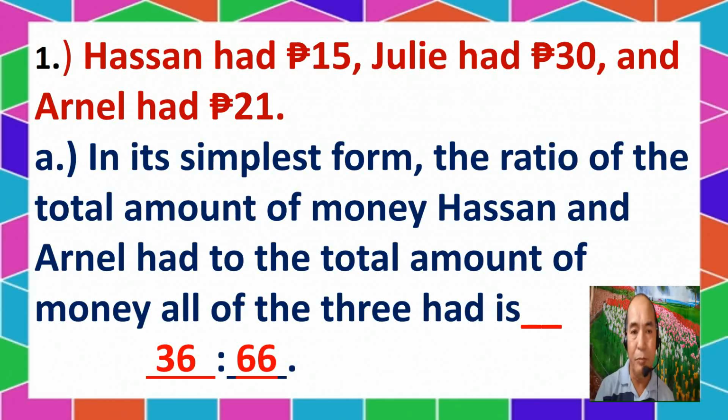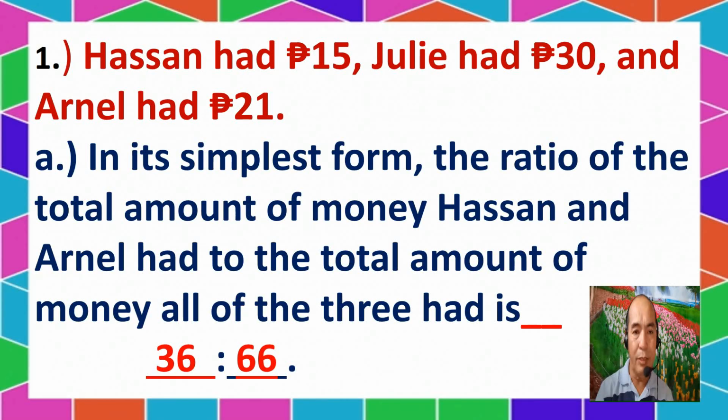So to be compared to the total amount of money of all the three. What are their money? Hassan has 15, Jolie has 30, so we have 45. Plus Arnel's 21, we have a total of 66.